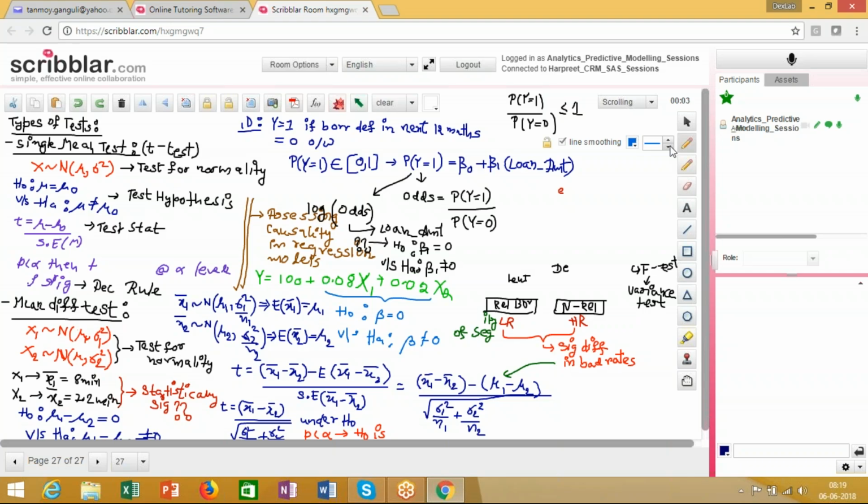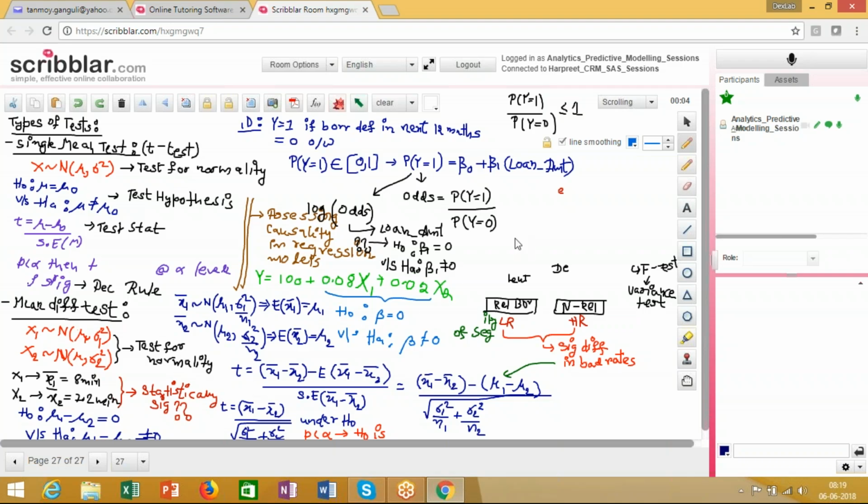And that is where the role of the mean difference test comes in. Our idea over there is to know whether mu1 minus mu2 is equal to 0 versus the alternate hypothesis mu1 minus mu2 not equal to 0. So these are the two important things that we are going to consider: the null hypothesis and the alternate hypothesis.